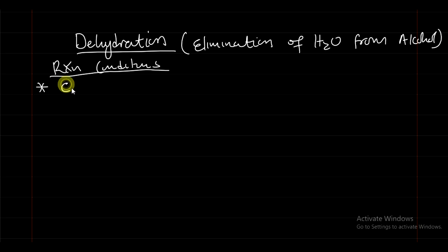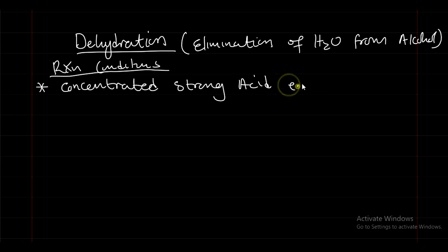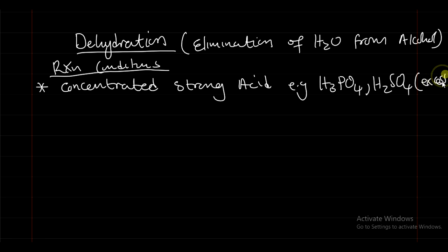So number one, I must have concentrated strong acid, such as phosphoric acid or sulfuric acid. Okay, and it must be in excess. Remember, in hydration we have a small amount of concentrated acid. Here it must be in excess.